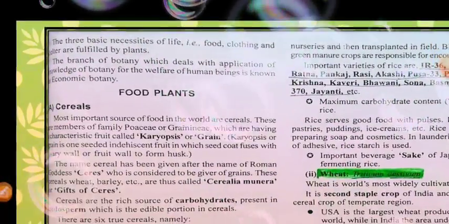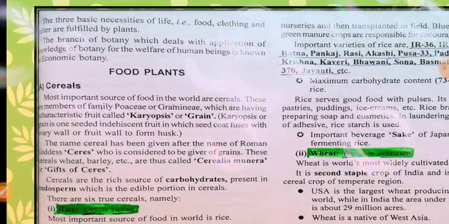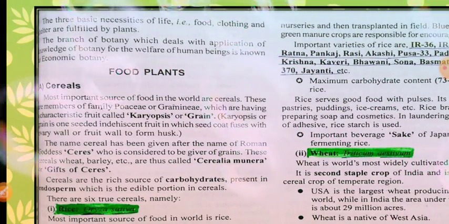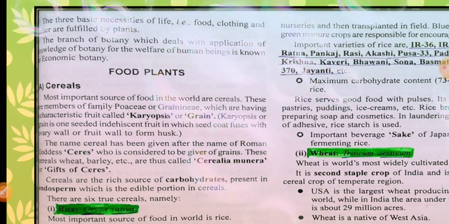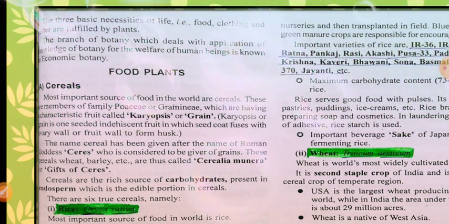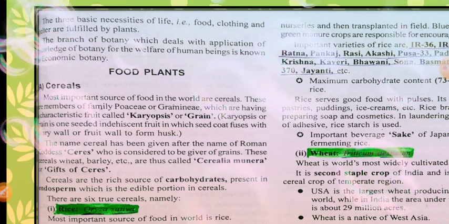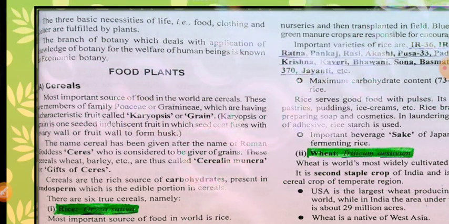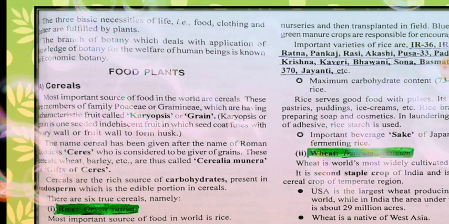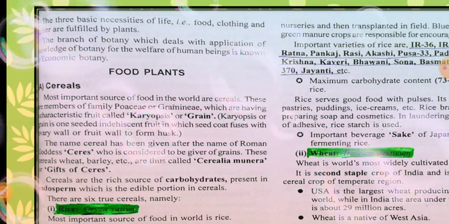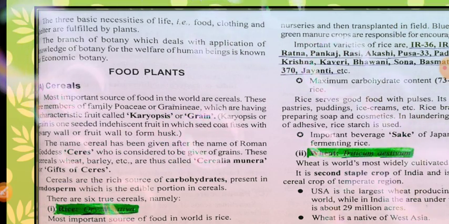Economic botany means the three basic necessities we human beings require, that is food, clothing, and shelter, which are fulfilled by plants. We basically need all those things in our daily life.